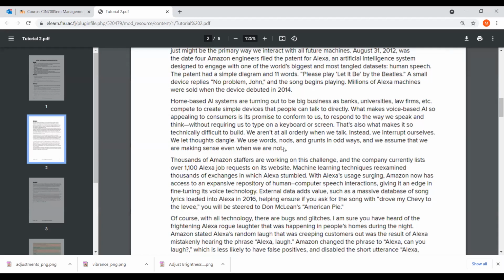Because when we are talking, half the time we are waving with our hand, making signals with our hand. Some of us have a habit of nodding a lot. For some of us, especially here in Fiji, we raise eyebrows just to indicate either yes or no. So with machine learning, it becomes very difficult to build these kinds of systems.